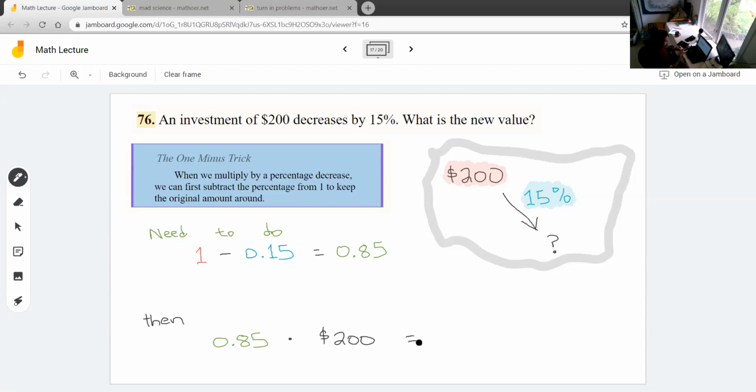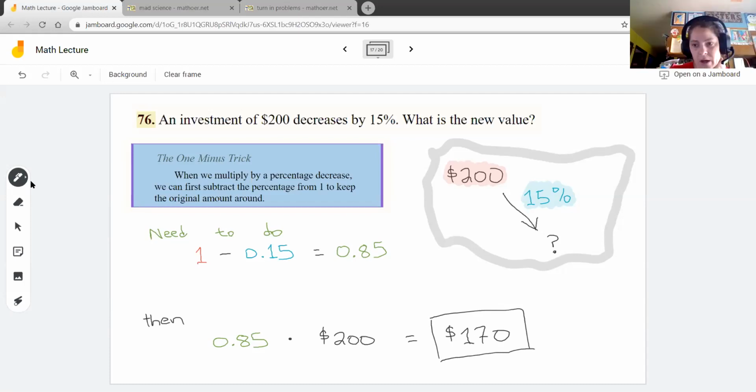So whatever that is, 170. So then do you just use multiplication to go up? What happened going up?